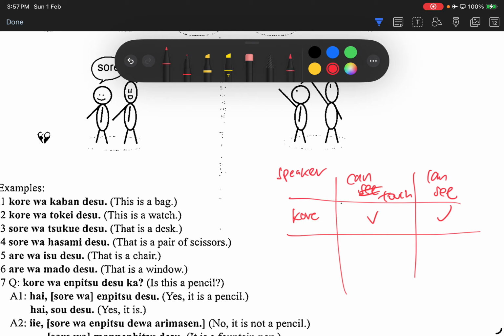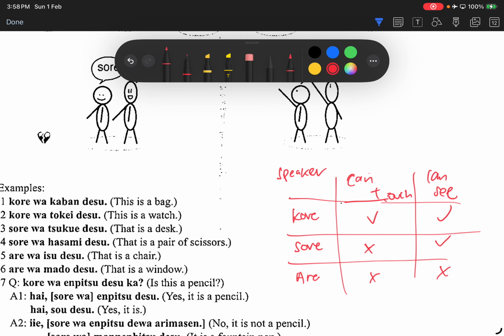Sore is cannot touch but can see. Then the last one, are: cannot touch, cannot see.